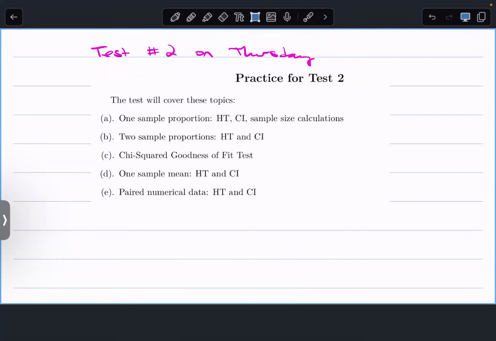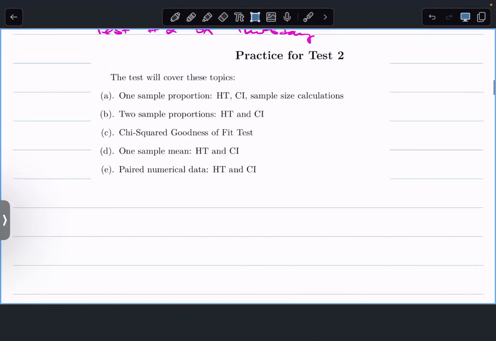Okay, so we're covering just these topics, just these. Hypothesis testing, confidence intervals: one sample proportion, two sample proportions, chi-square goodness of fit test, one sample mean, which is what we started last week, and then paired numerical data, which is what we did on Thursday.